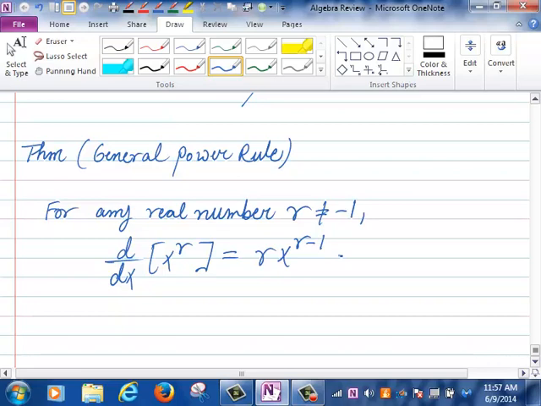Let me erase this. So the derivative of x to the r is r times x to the r minus 1, and this is going to work for any exponent.